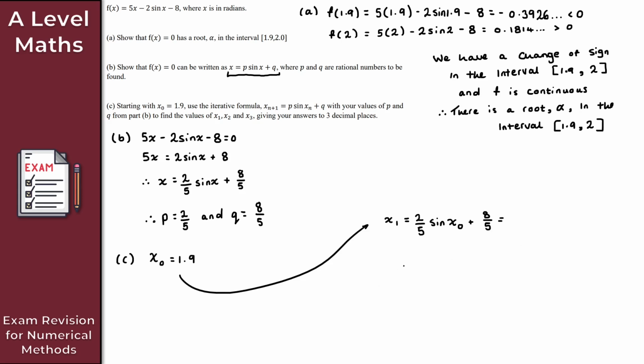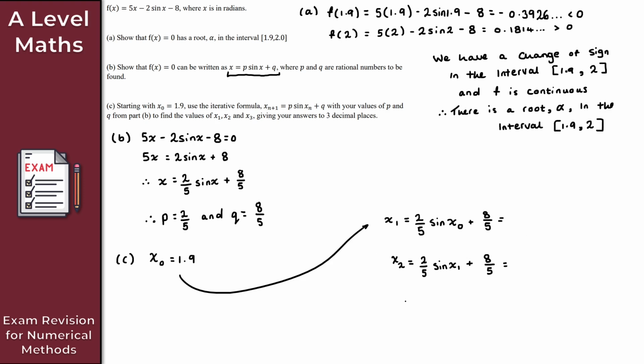We can then use iteration here to find x2. So x2 is equal to 2 over 5 sine of x1 plus 8 over 5, like so. Again, we just input this here using the value of x1 that we previously found.